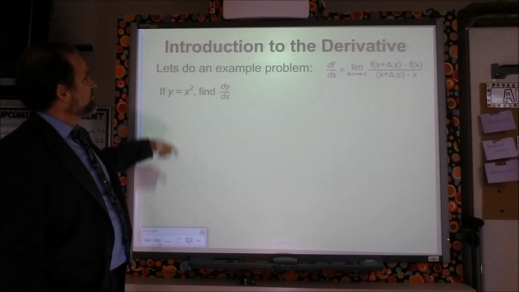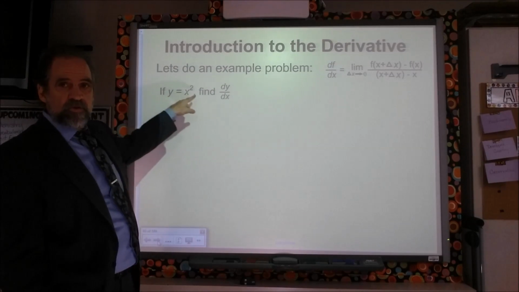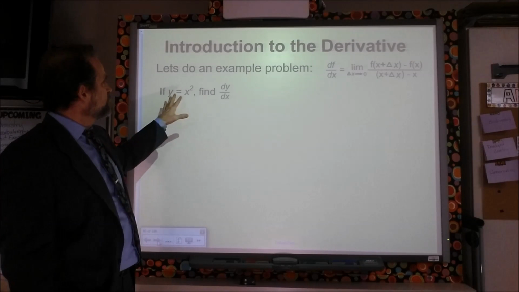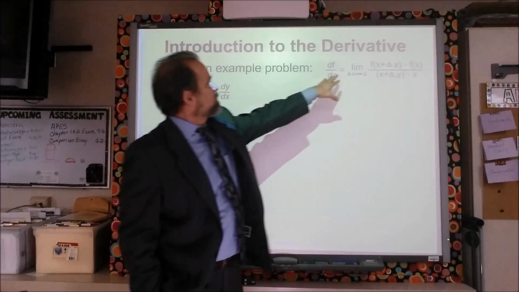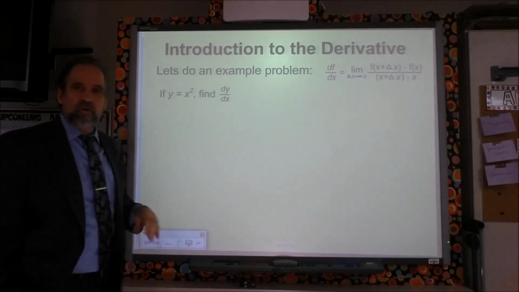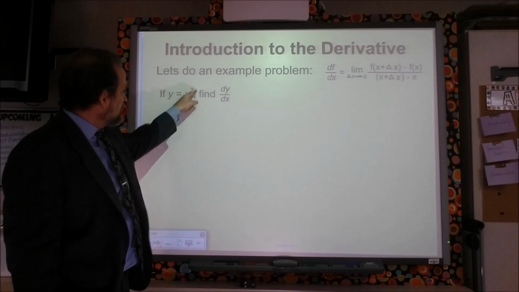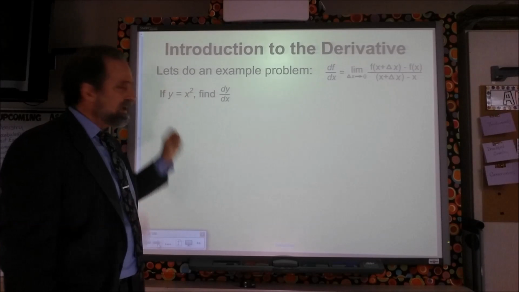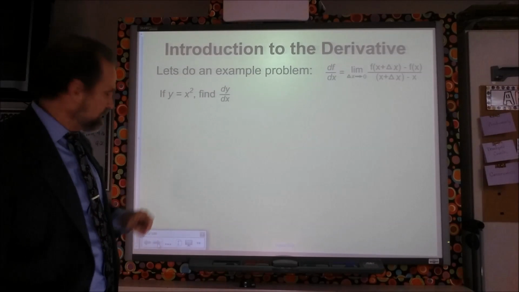So we're going to find dy dx, or the derivative of y with respect to x, of the function y equals x squared. Okay? To find that, we're going to put x squared into the difference quotient where it belongs, because that is the actual function that's being evaluated as y, and x, as a variable, is the actual input value you're evaluating at.